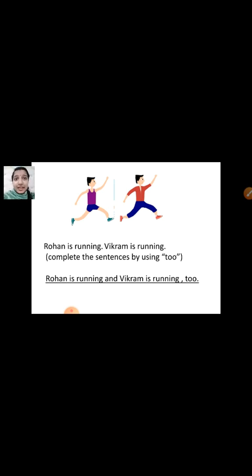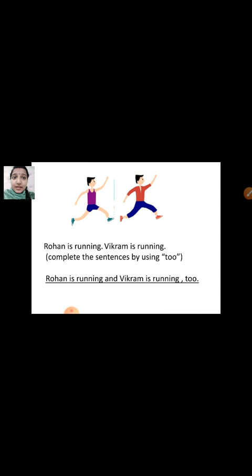They both are doing the same activity. That's why we are adding "too" over here, T-O-O, and put a full stop. Okay, students? The question is, Rohan is running. Vikram is running. Yes, the activities are similar. Complete the sentence by using "too".